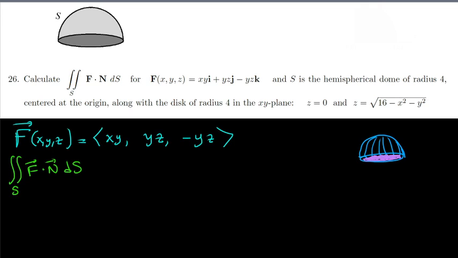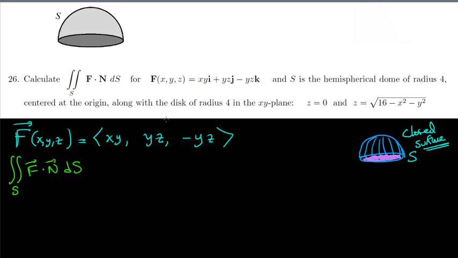It's a closed dome. Some books put a little circle through the integral to indicate that it is a closed surface. Here, it's just understood when you read the question carefully: when they say along with the disk of radius 4, they mean this purple part down here, the flat part of the dome. The floor; the dome is the ceiling.